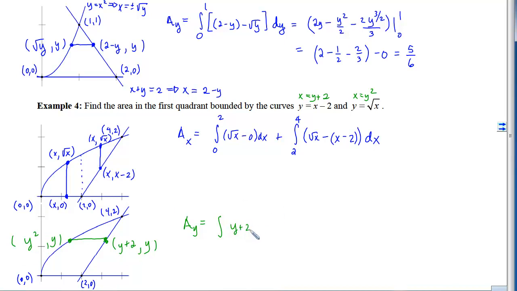So y plus 2 minus y squared with respect to y, and I will integrate from the lowest y value that I have, which is 0, up to the highest y value I have, which is 2. I will trust that you can compute these using the fundamental theorem of calculus part 2, and you'll find that no matter which one you use, you will get 10/3 as your answer.